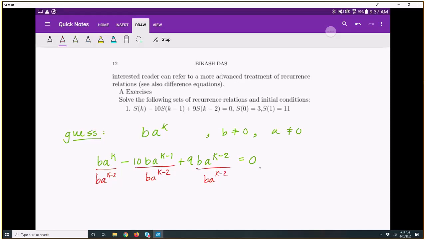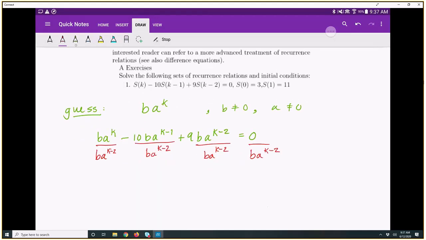And I'll divide on this side as well. So I've divided the entire equation through by this term, and what's left? In the first place here, I have a squared. Then I have minus 10a plus 9 equals 0.